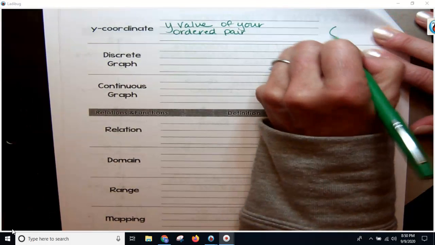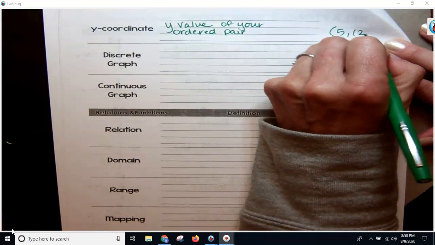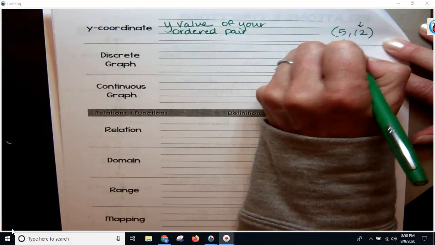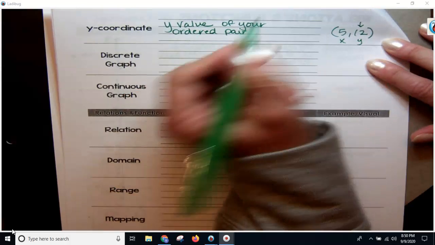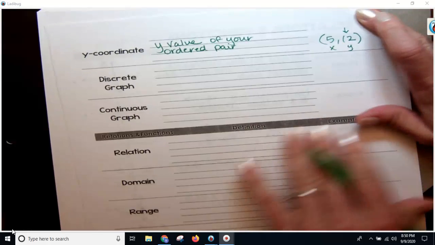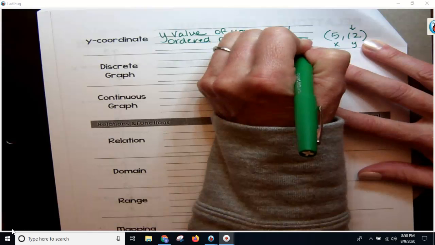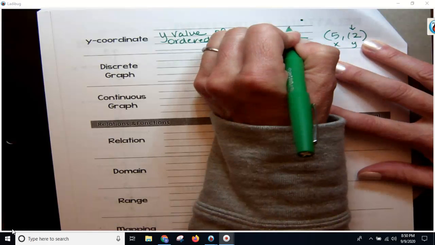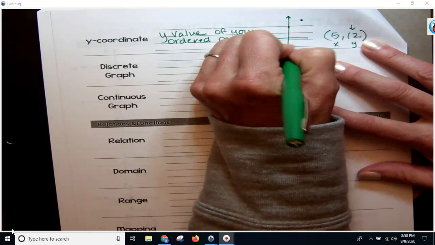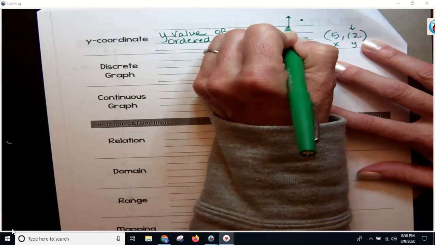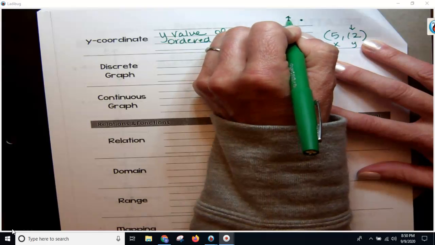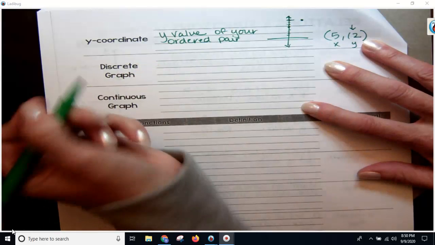So if you have, for example, 5, 12, this is going to be your y value, which is going to be 5, and then it's going to be your 12. So that's going to be 12 units up. 1, 2, 3, 4, 5, 6, 7, 8, 9, 10, 11, 12. Just say that's like that.